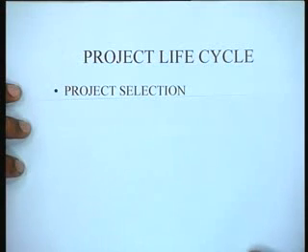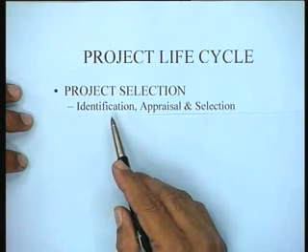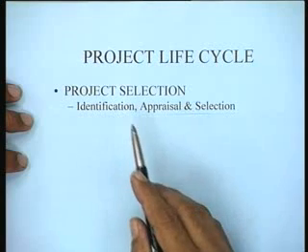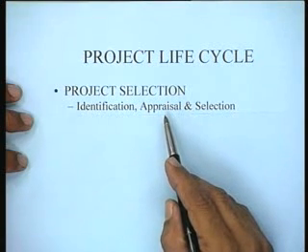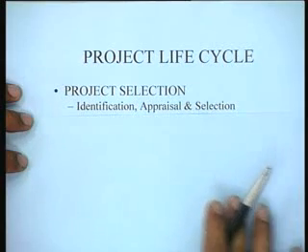In this stage, we were concerned with the problems associated with new project identification, then appraisal of the prospective projects, and finally a selection of one appropriate project for purposes of implementation.